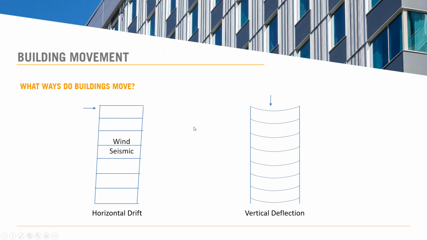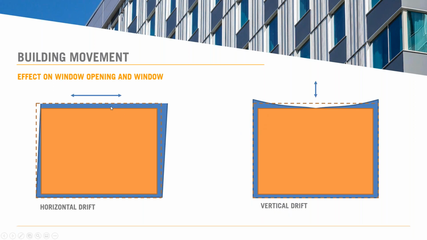Naturally, wind and seismic loads create these, and then live and dead loads create the vertical deflection. How that affects the rough opening that your window's sitting in: horizontal drift turns your rough opening into a trapezoid, and then vertical drift will squish the top and bottom of the rough opening.